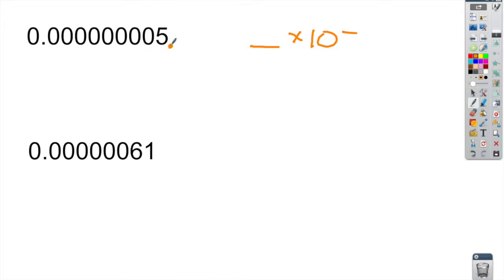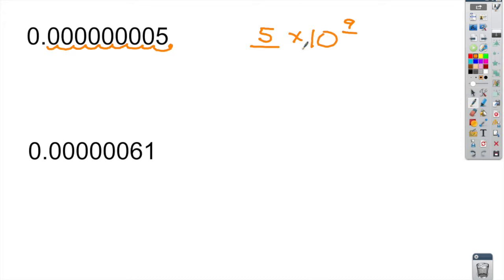Not 0.5 because that would be less than 1, and not 50 because that's greater than 10, but 5. Okay, which means I need to move the decimal 1, 2, 3, 4, 5, 6, 7, 8, 9 spaces. So what I get over here is 5 times 10 to the 9th.